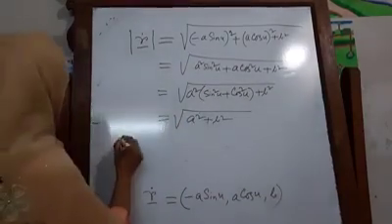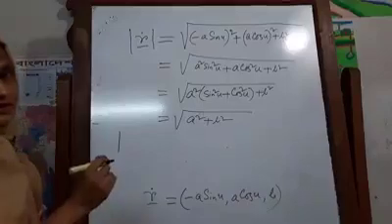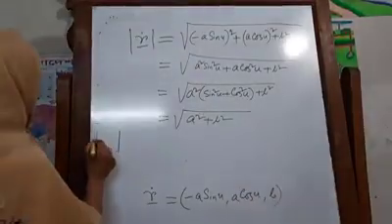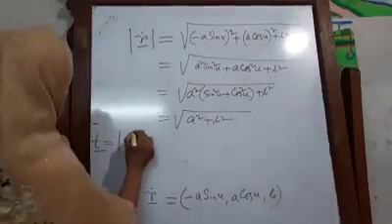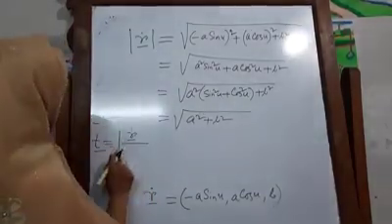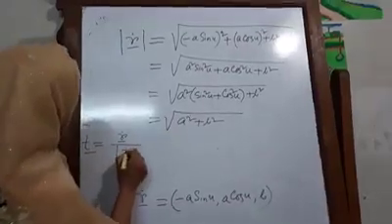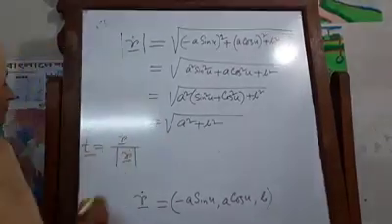Now, the unit tangent vector T is equal to r dot divided by the absolute value of r dot.